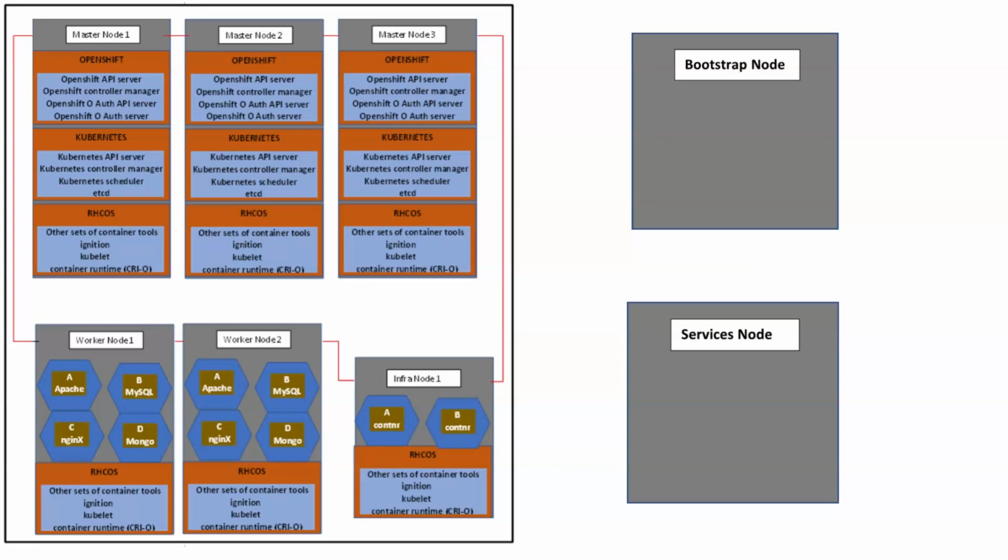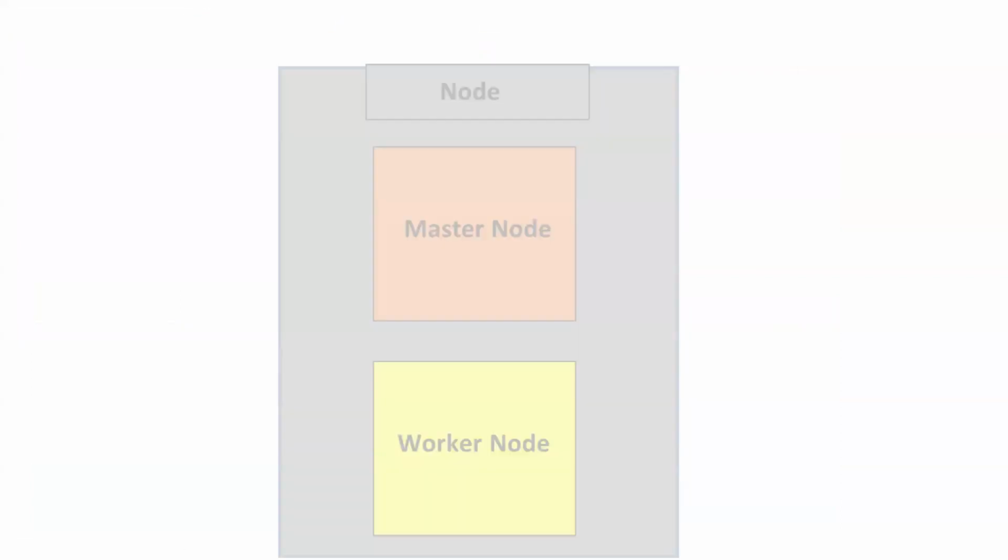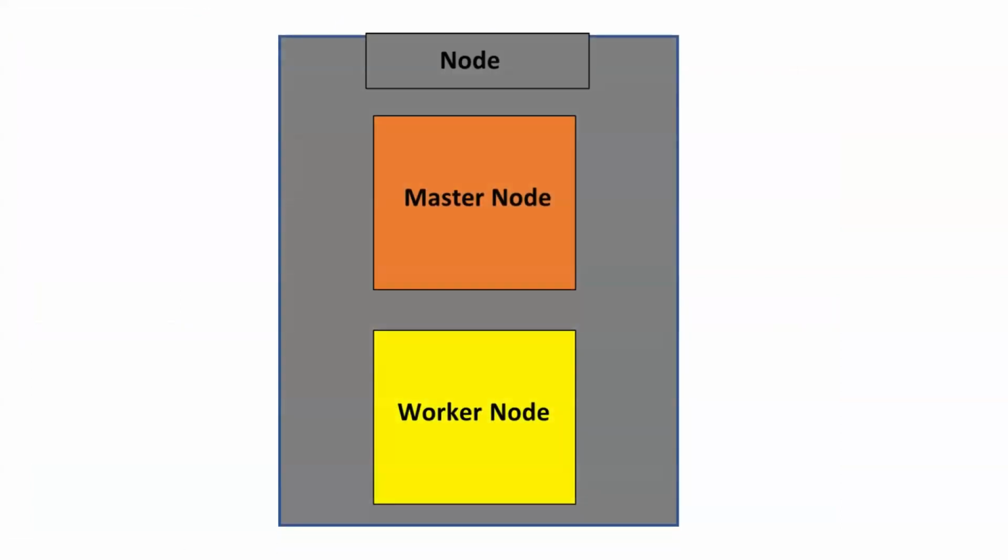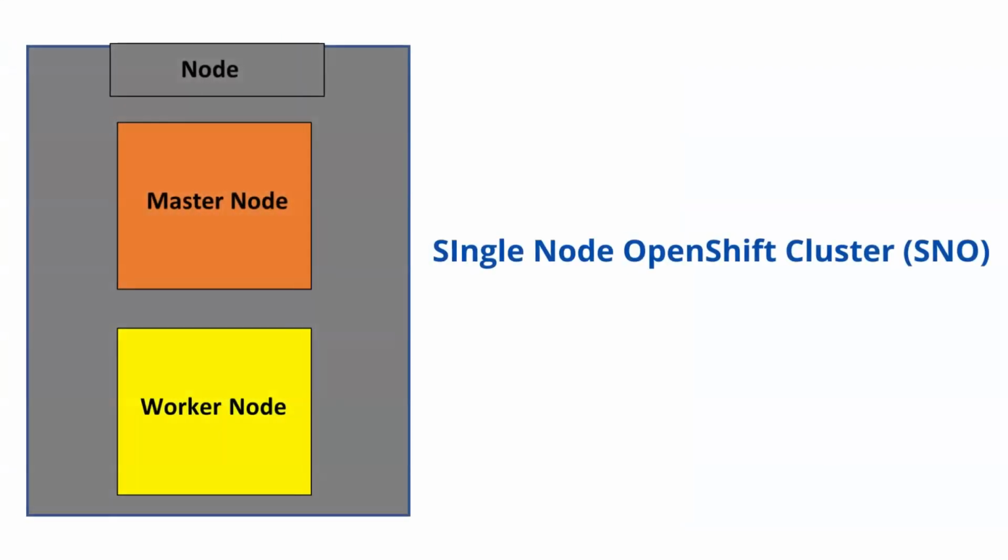Hence, just as we did during our Kubernetes course, where we had to install the single node Kubernetes cluster using Minikube, we will also have to improvise or find a way out by using a single node to run both the master node and the worker node, which means we will need to install a single node OpenShift cluster.